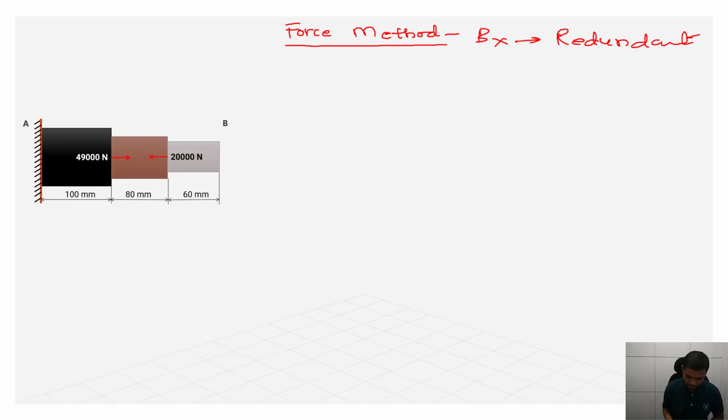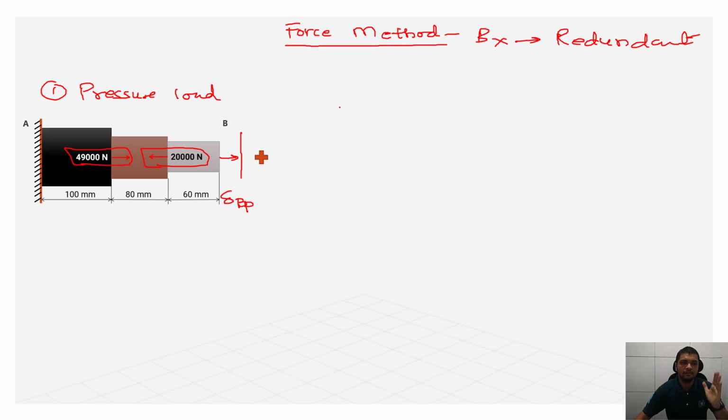First is the pressure loading because of 49,000 and minus 20,000, right? And let's say it is giving rise to a deformation at the B end of delta BP. P indicates pressure load.